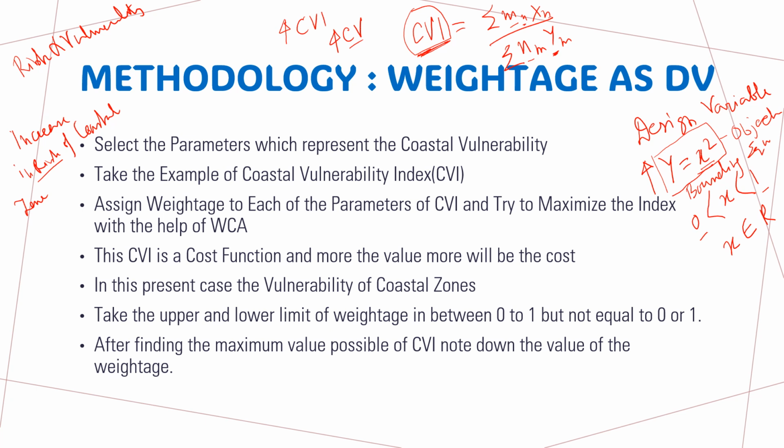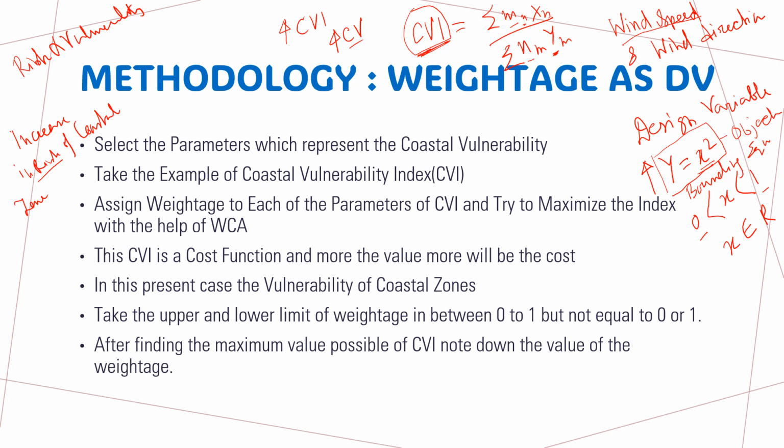Okay, some variables can increase coastal vulnerability, but the magnitude of their impact is not as high as other variables. Let us say, take the example of wind. What can I say? Wind speed, and take also the example of wind direction. The more the wind speed, the more erosion will happen in the coastal zones.